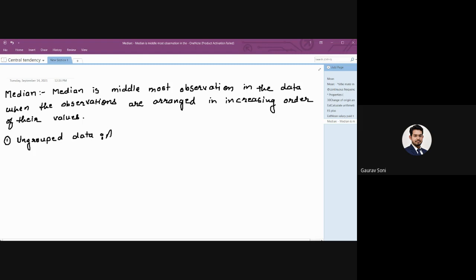Arrange in ascending order, and the middlemost entry is the median. What if there is no middlemost entry? Anyone?